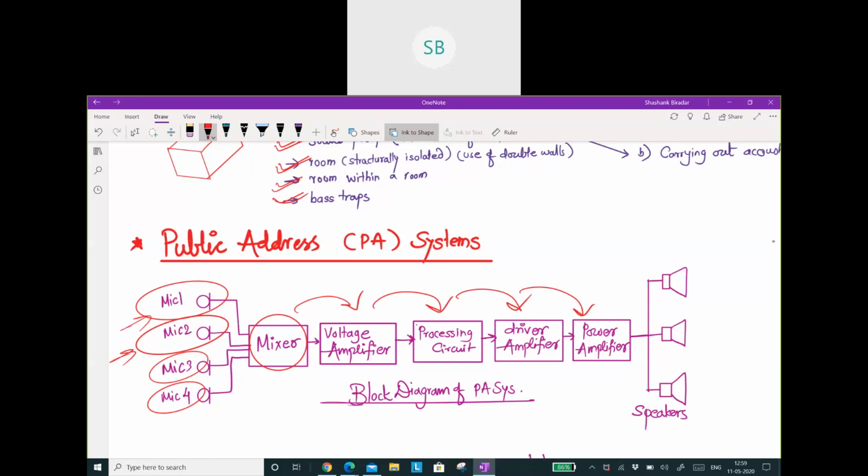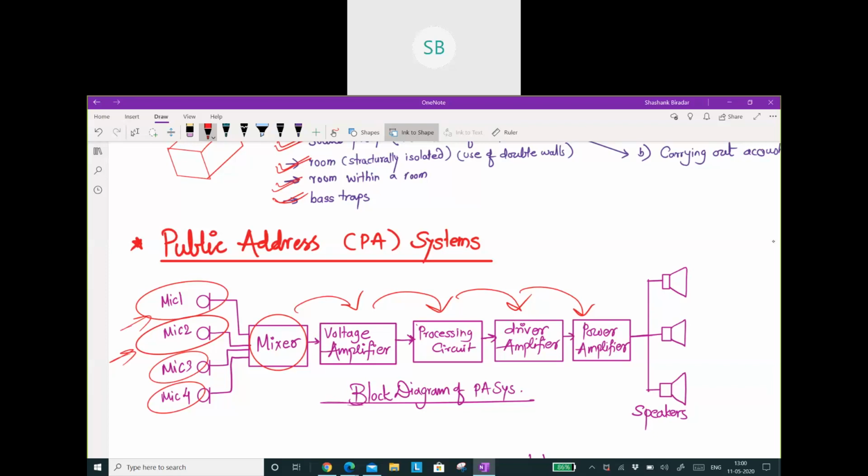It converts the sound into an equivalent electrical signal. As per the requirement, you should be able to select what kind of microphone you want to use. Then the mixer: the output of the microphone is fed to the mixer.